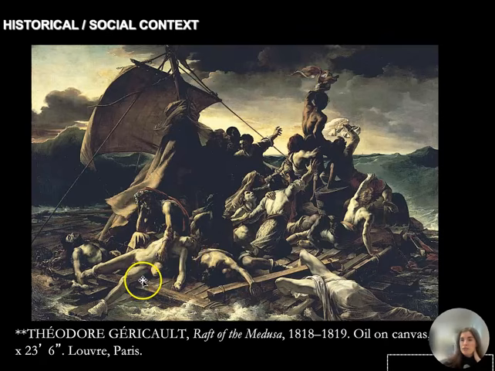From the late medieval period, a father who was stuck contemplating eating his sons in Dante. Here you have a father who's contemplating eating his dead son. This father is at the end of his rope, he's very, very concerned, and he doesn't realize that they've finally found someone who could save them.